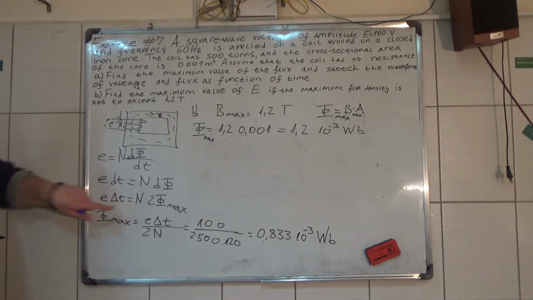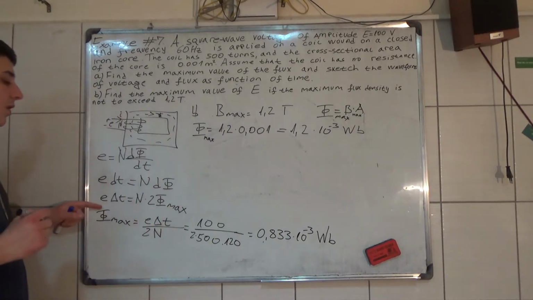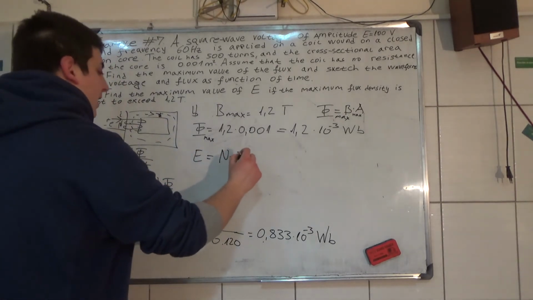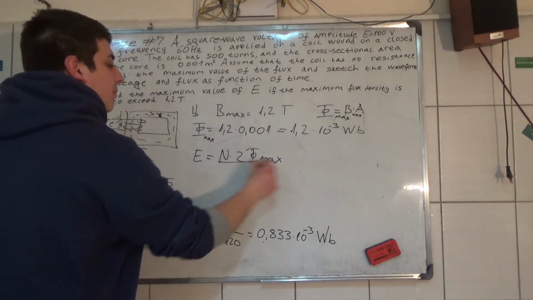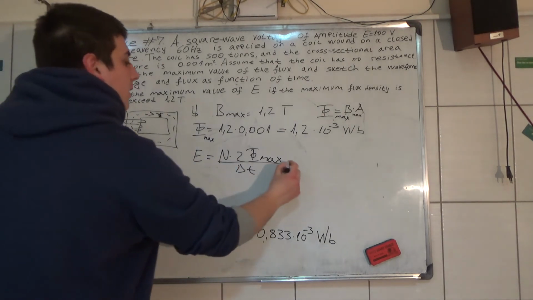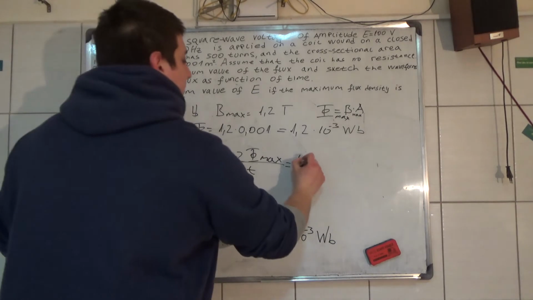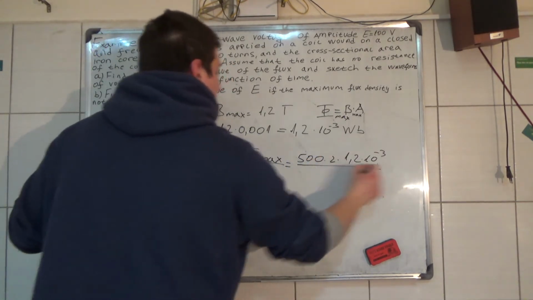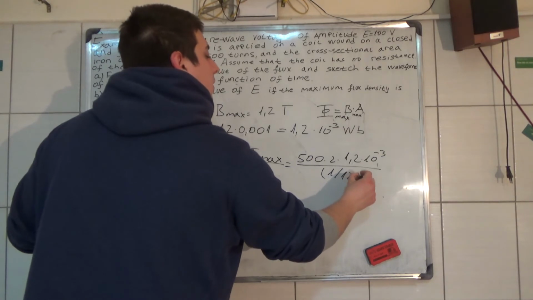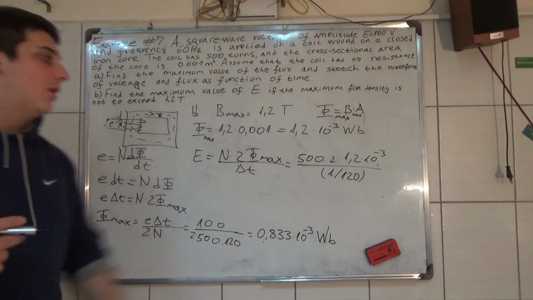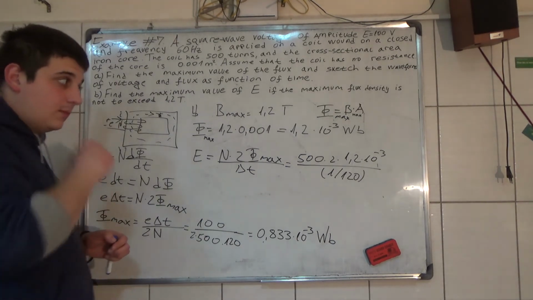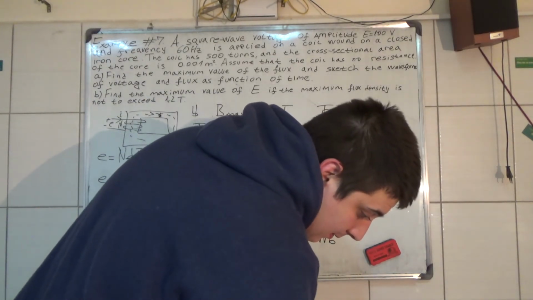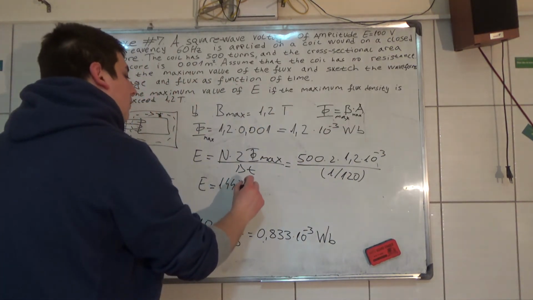Looking at this equation, we can calculate the maximum voltage, and that is equal to N times 2 flux max divided by delta T. That is equal to 500 times 2 times this flux maximum divided by 1 divided by 120, and you get that E is equal to 144 volts.